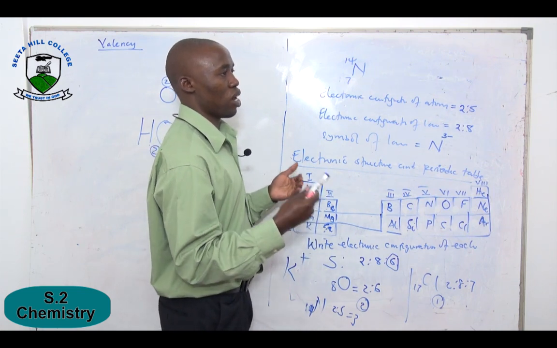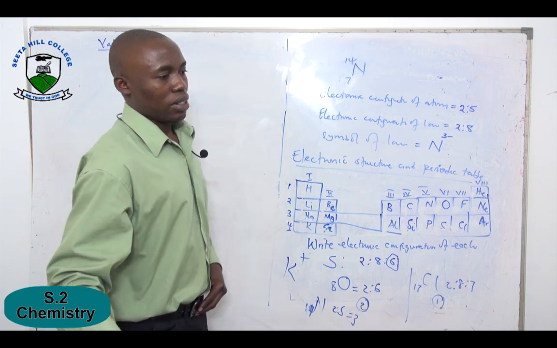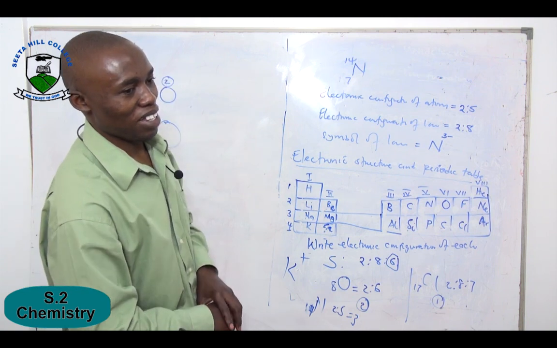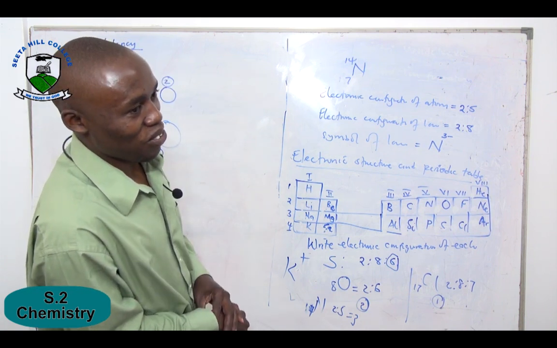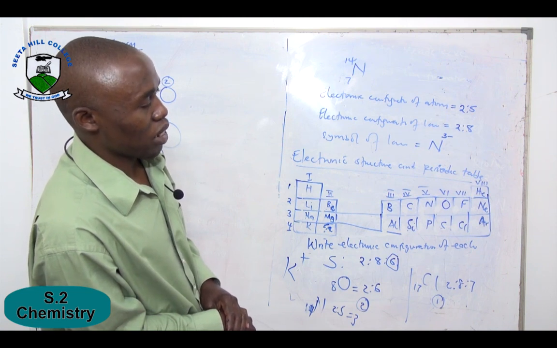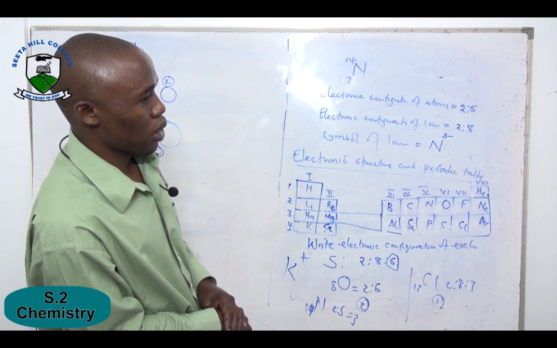Clear? Hope you are taking down note of those things. Electrons are lost if the outermost electrons are either 1, 2, or 3, and it means that the group is determined by the outermost electrons also.